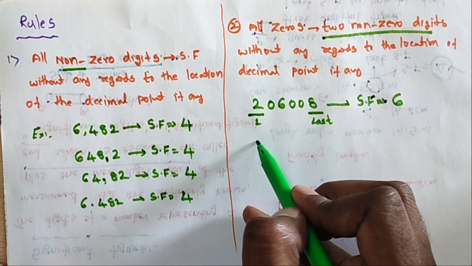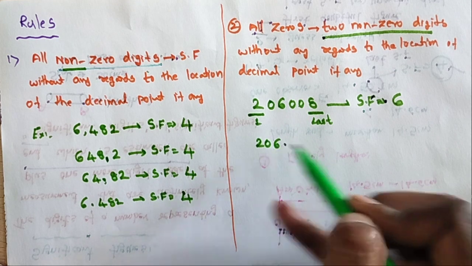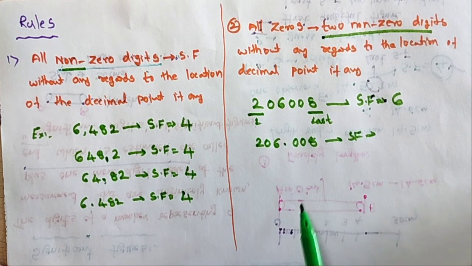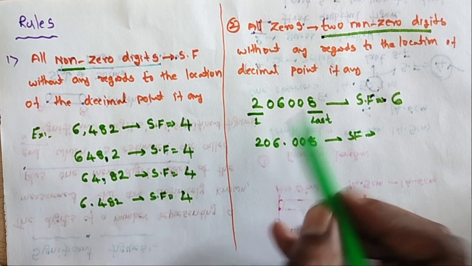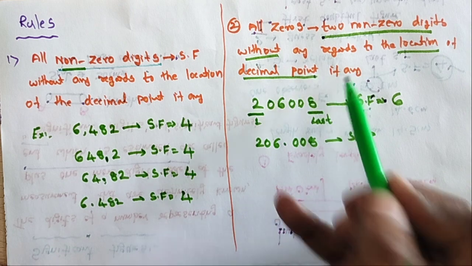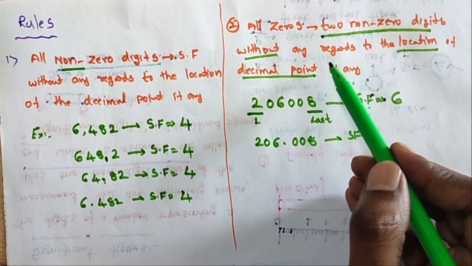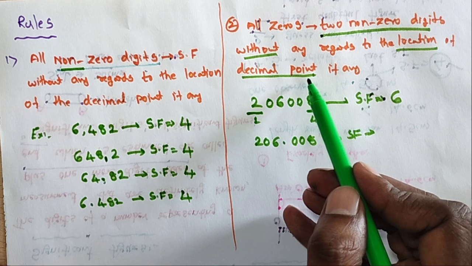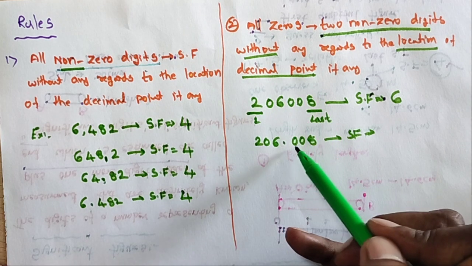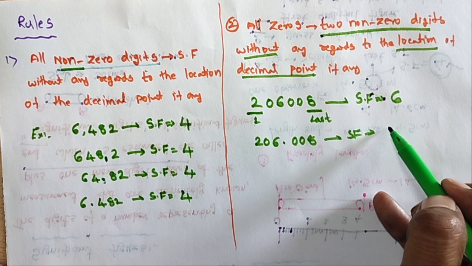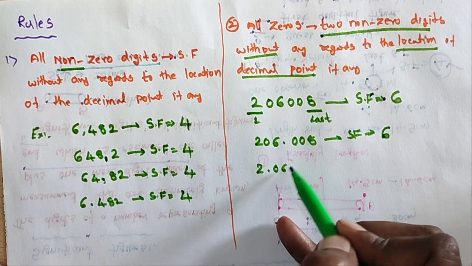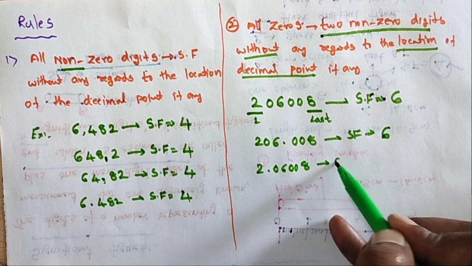And suppose sometimes 206.008. What is the significant figure, sir? It is also considered, because it is without any regard to the location of the decimal point, if any. 2.06008, what is the significant figure, sir?